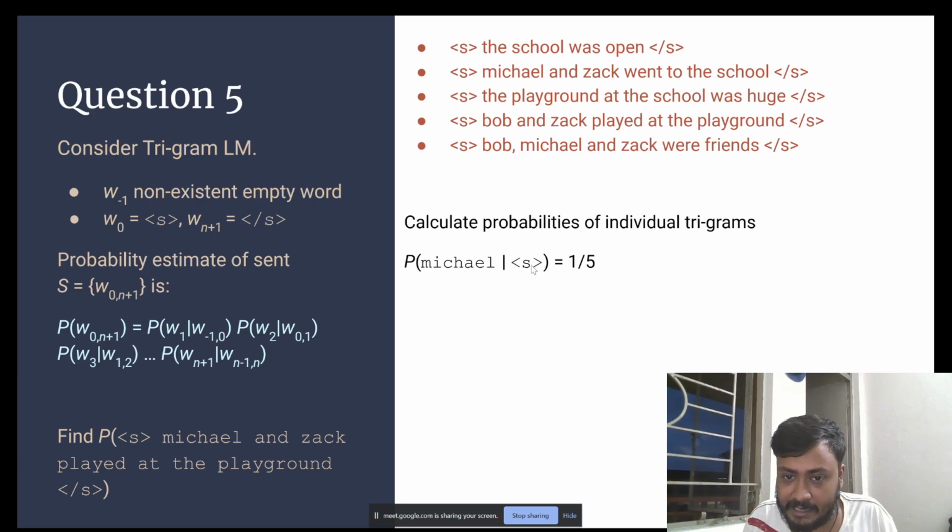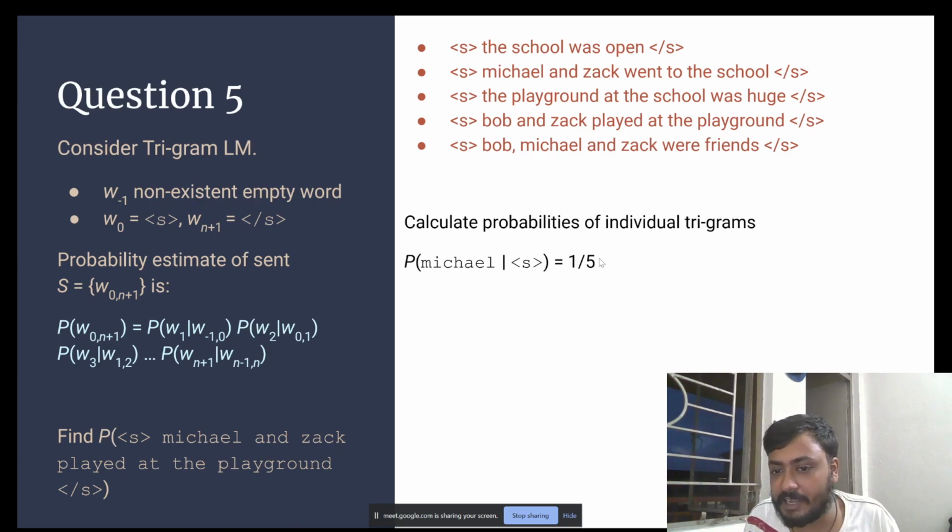W1 is Michael, W0 is begin of sentence and W minus 1 is this imaginary token. As I said, this is just a notation. When you calculate, you just need to calculate this because that token does not exist itself. It is just there to complete the mathematical notation of a trigram model. Because there is just one single token before it, you condition it based on that.